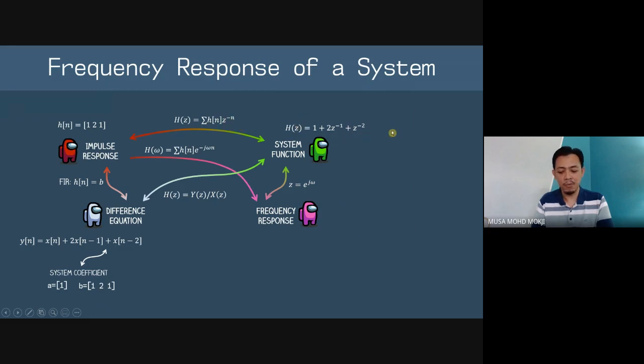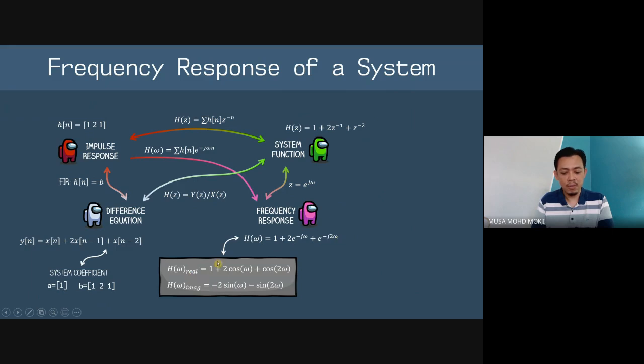And what is the frequency response? We saw this in our last class on Tuesday: z is equal to e^{j omega}, so you just replace that z. So it becomes 1 plus 2 e^{-j omega} plus e^{-j2 omega}. And from last class, we already know that H(omega) is a complex value.